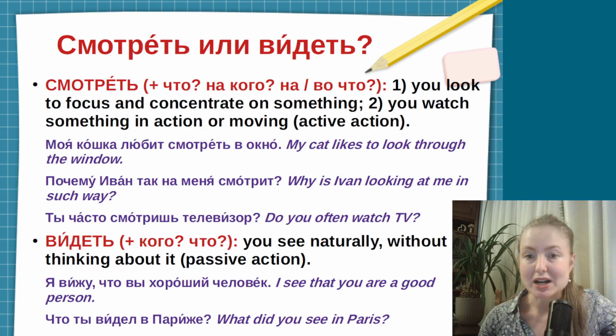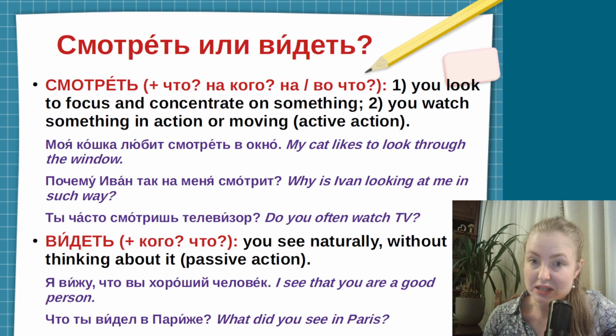So, how do Russians use these verbs, смотреть или видеть? The first verb, смотреть, can be translated into English as to look or to watch. We use it with the accusative case. So, after смотреть, we use objects that answer the questions что, на кого, на что or во что.